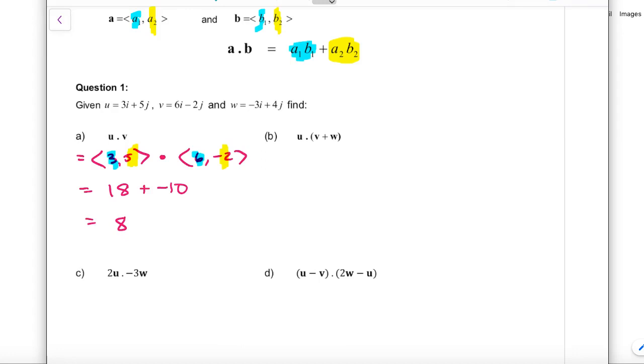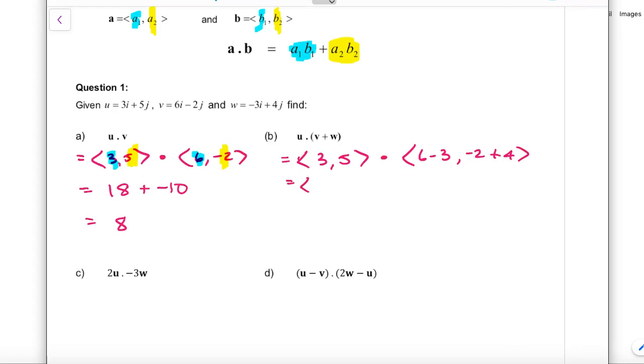In our second example, we've got vector u multiplied by the result when we add v and w together. Remembering that when we add vectors together, we simply add the i components and the j components. So for vectors v and w, it's going to be 6 and -3 that we add together, and -2 and 4.